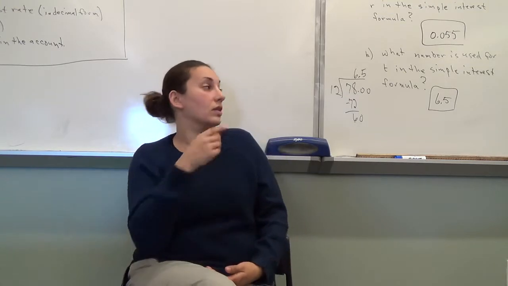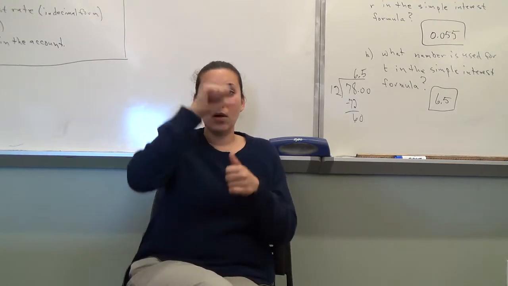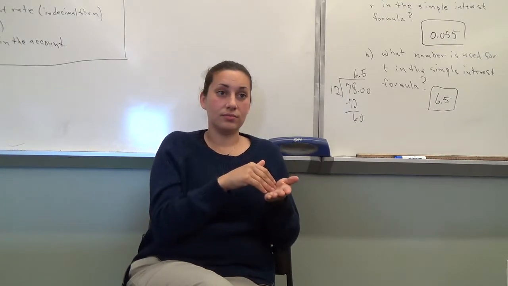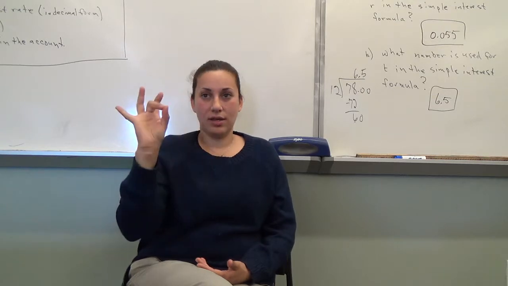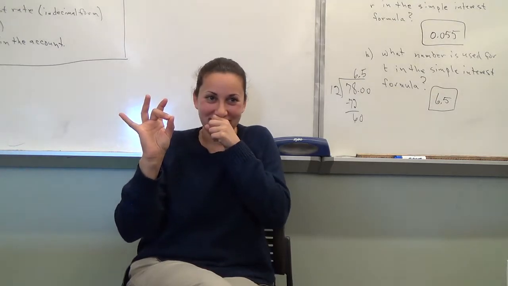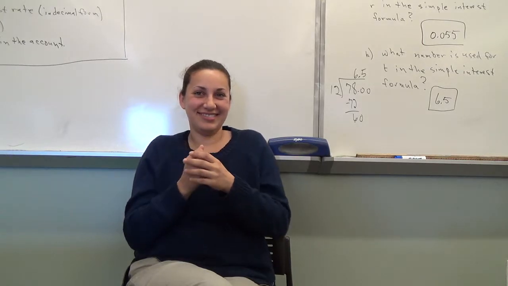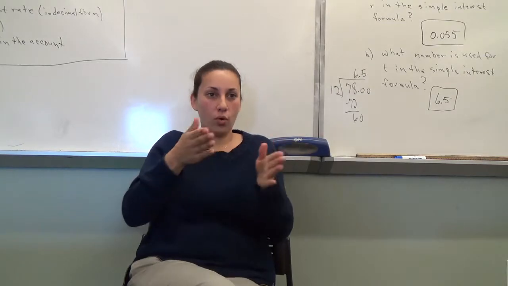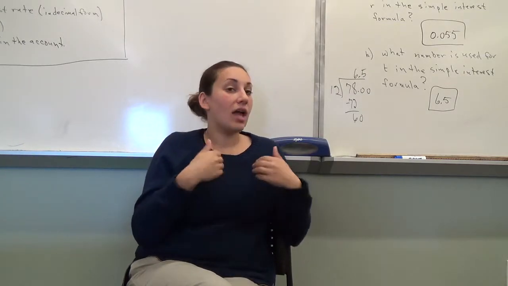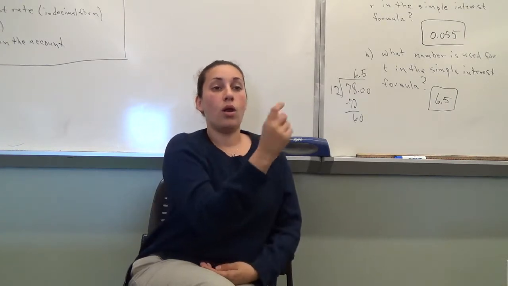So here, if we have 1,000 for our number there, this is going to be 1.08, and that's going to be raised to the third power, right? If we follow the order of operations, we've got 1,000 multiplied by 1.08 raised to the third power.